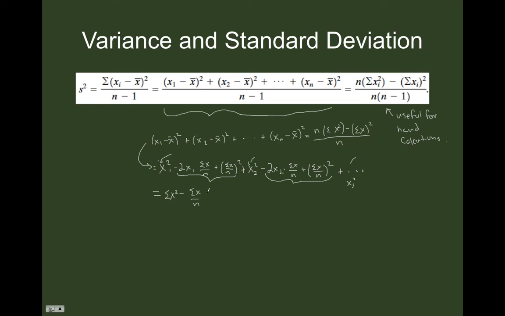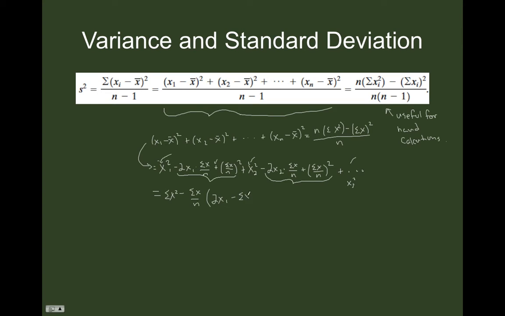Well, let me put parentheses here. Now I factored a negative out, but there's still a 2x1 in there. Since this was a plus here and this was a plus here, and I factored out a negative, now I get a negative sign, a subtraction sign here. And I factored out one of the sum of x's over n's, so there's one left.